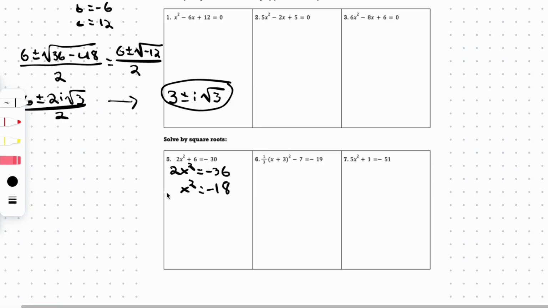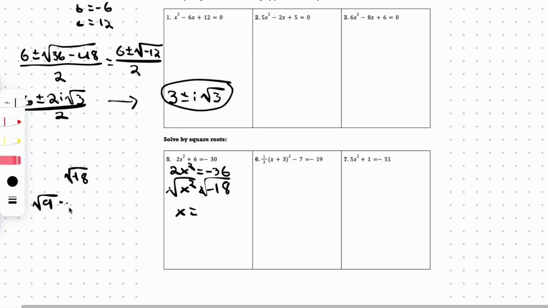And we just take the square root of both sides. So we're going to have x equals, and in this case, perfect square factors of 18 are going to be 9. Let's write this out because I think it's important to write it out. Negative 18. I'm going to pull a 9 out of that.